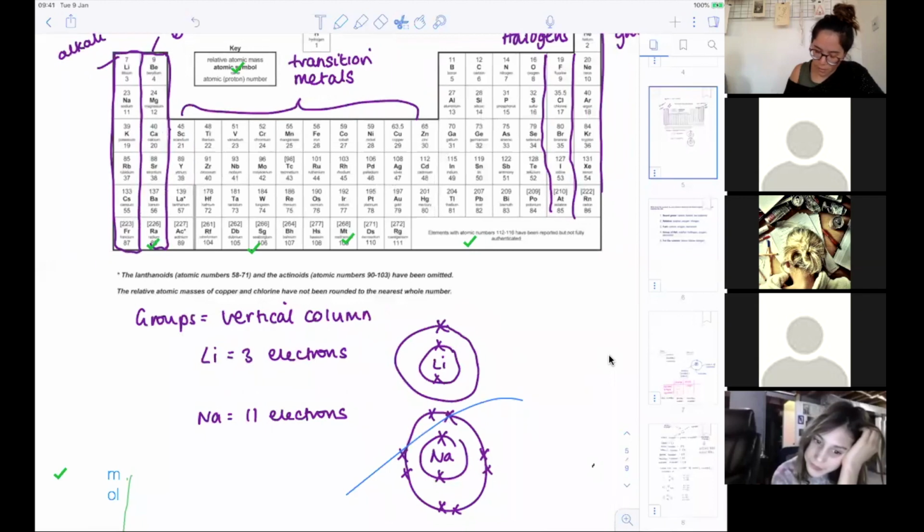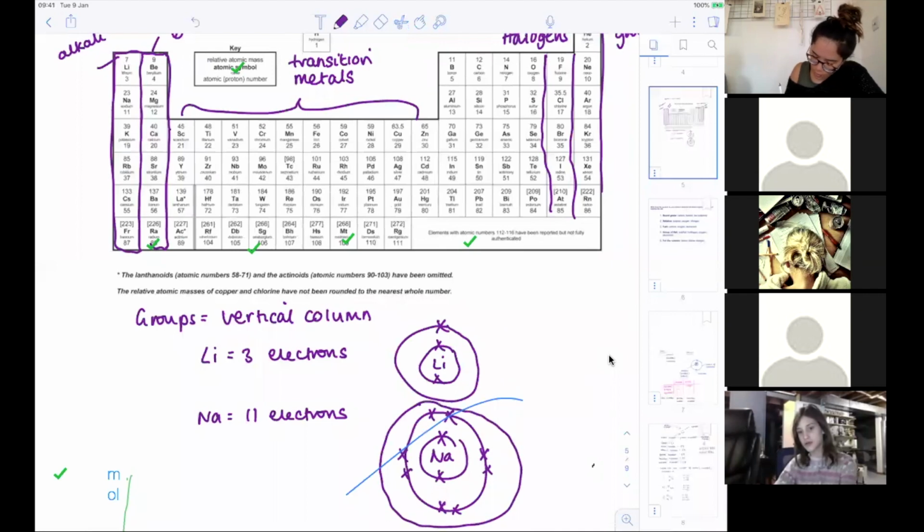Sorry, this is so horribly drawn. But if I draw sodium next door, hopefully you can see that you have the same number of electrons in the outer shell. So that's what groups have in common, and that is so important.